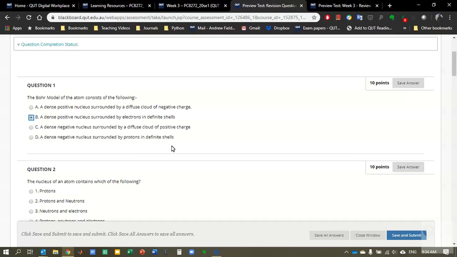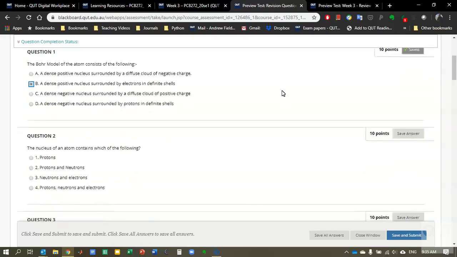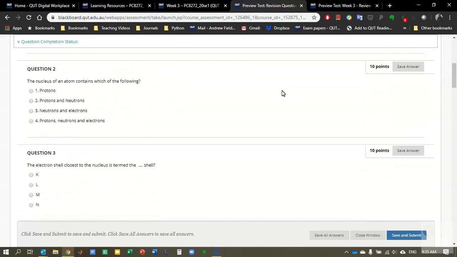So we've got a dense positive nucleus made up of protons and neutrons, and that just answered the next question actually, surrounded by electrons in well-defined energy levels or orbitals. Question 2, the nucleus of an atom contains which of the following? Well, the answer is protons and neutrons, positively charged protons and neutral neutrons, and they both have a very similar mass.